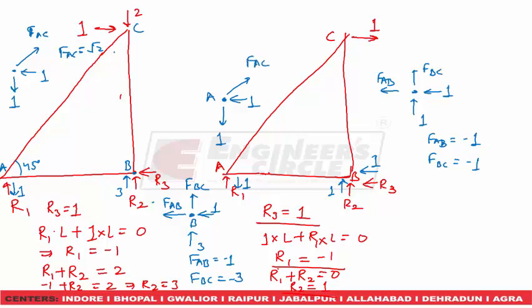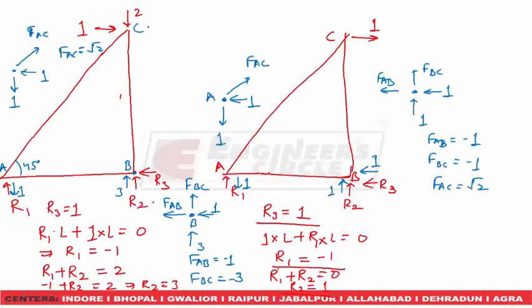So it is the same figure, this is also 45. So from this we can calculate FAC equal to root 2. So finalizing the values, plotting the values, member AB, BC and AC.